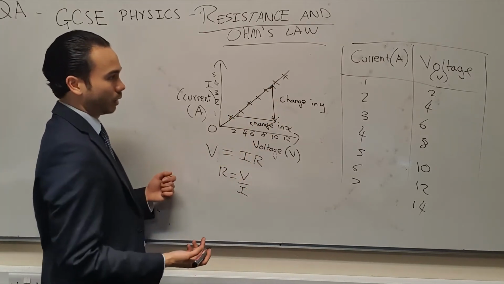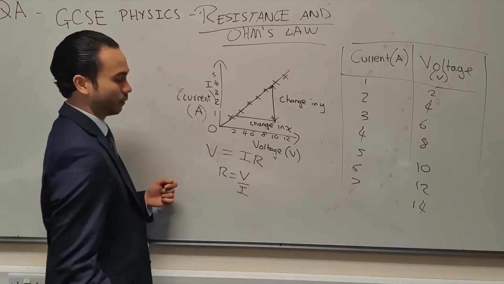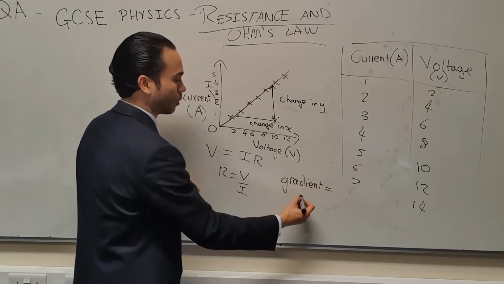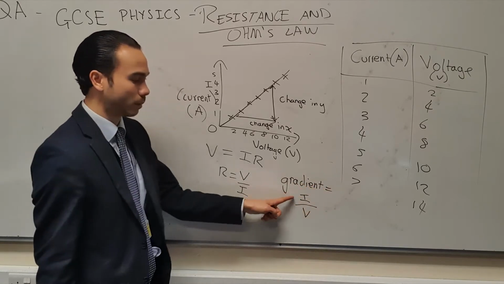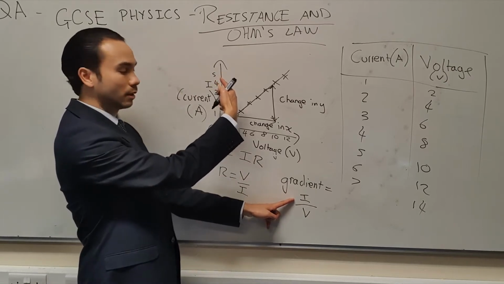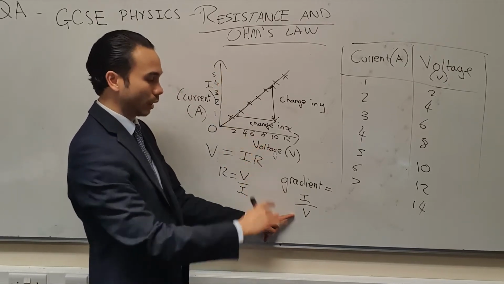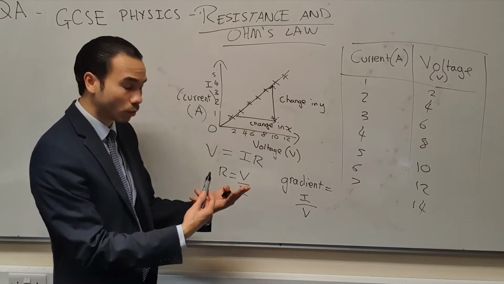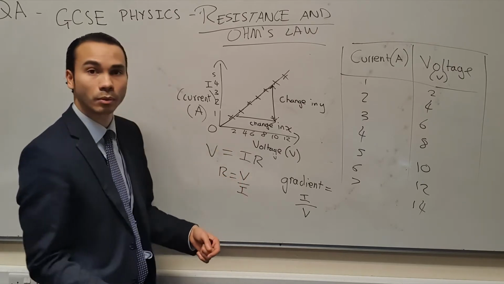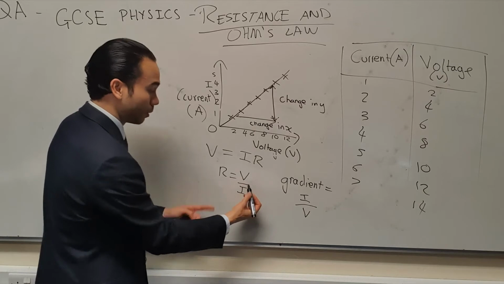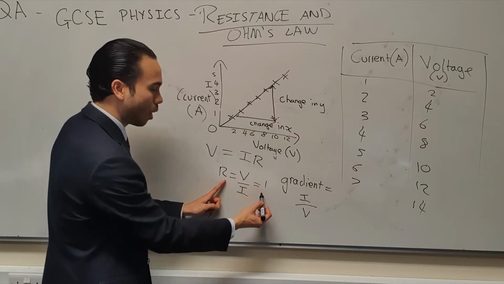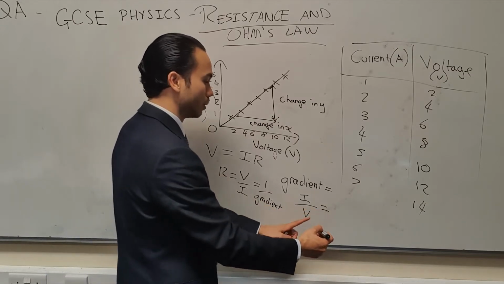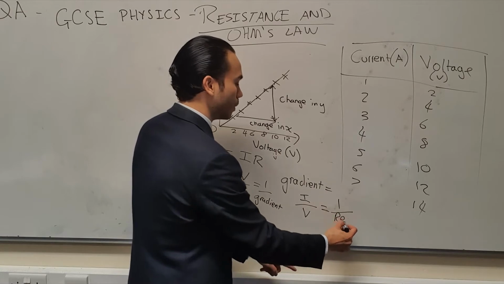So my gradient is equal to I divided by V, because my I is my change in Y, as this is my Y-axis, and my V is my change in X. But I want resistance. So basically it's the reciprocal, this flipped around. So my resistance is equal to 1 divided by the gradient, or my gradient is equal to 1 over resistance.